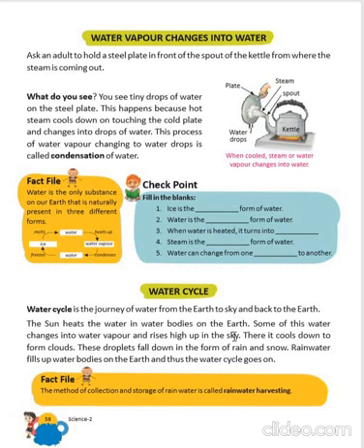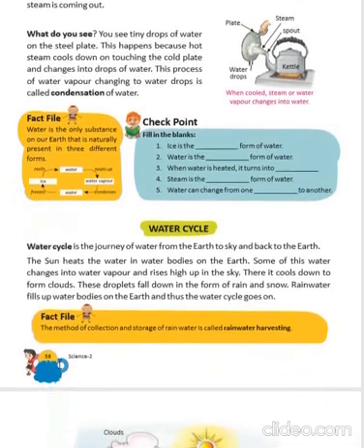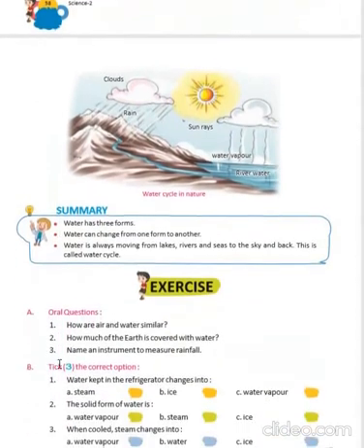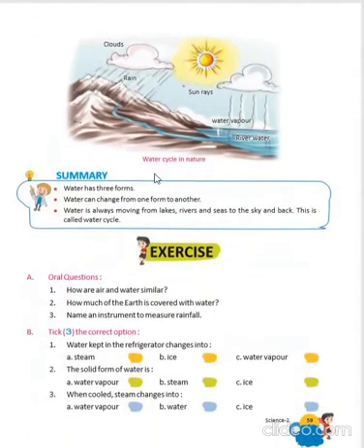From these clouds, the droplets fall down in the form of rain and snow. Rainwater fills up water bodies on the earth and in this way the water cycle goes on. This is the water cycle in nature.